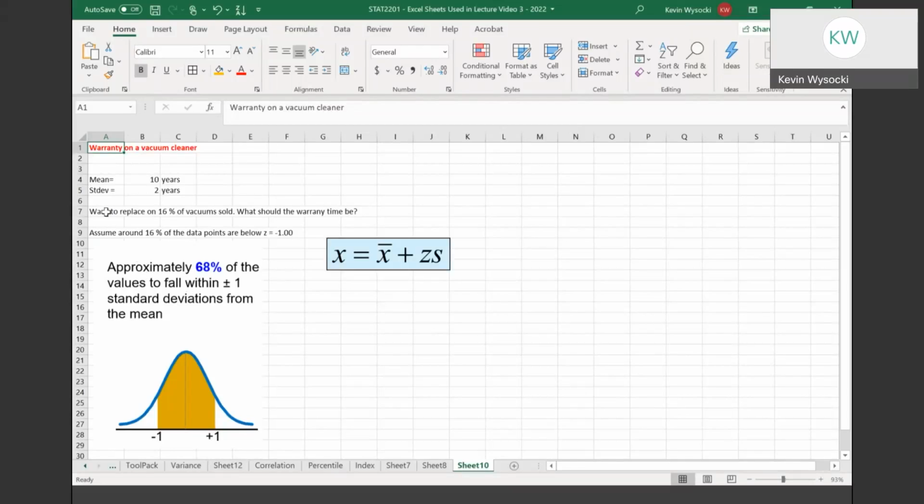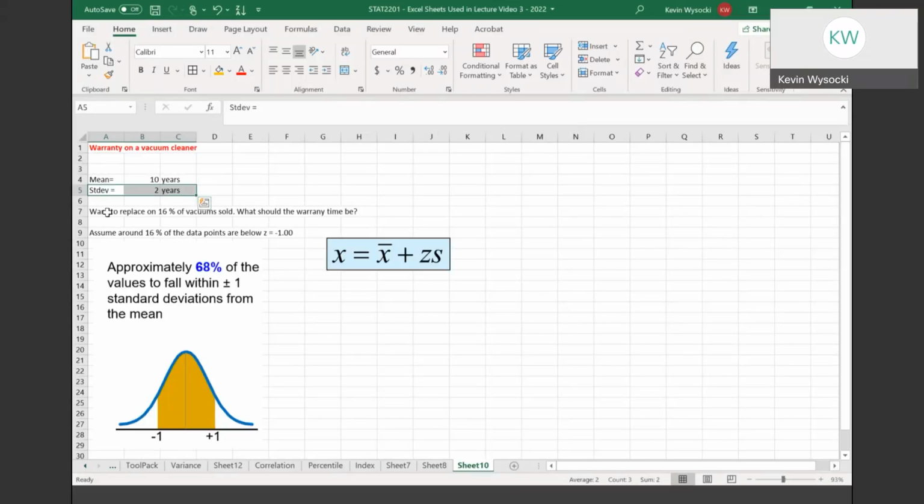So what we want to do is give you some data here. So you have a vacuum cleaner. The manufacturer expects the average lifetime of the vacuum cleaner to be 10 years, with a standard deviation of 2 years, right? So what does that mean? 68% of the vacuums will break down between 8 years and 12 years on average, okay?